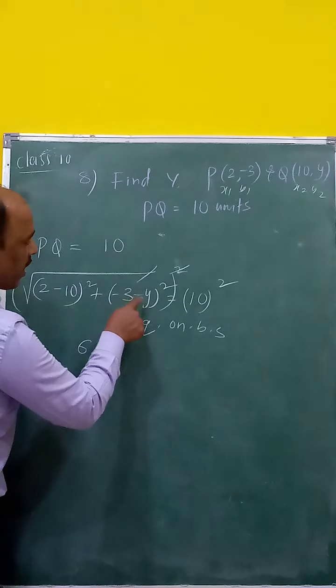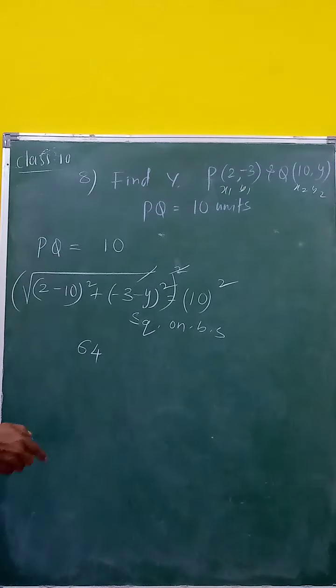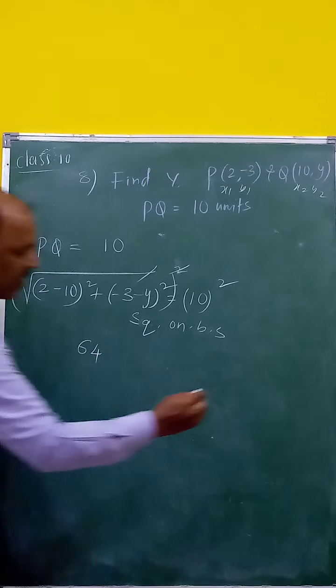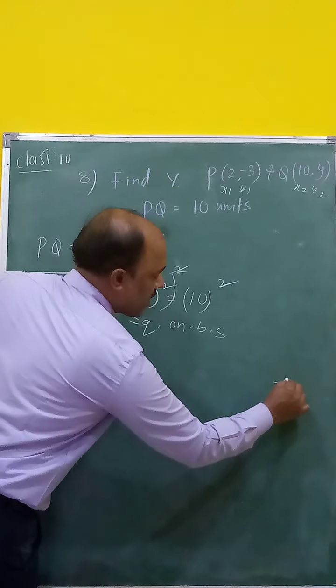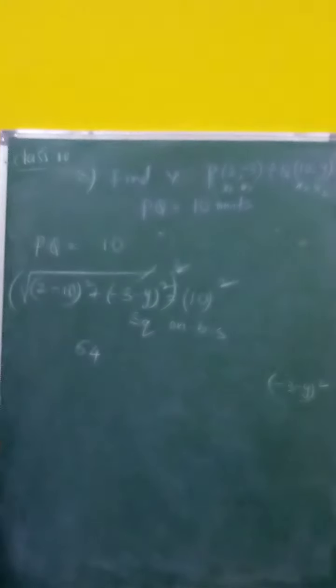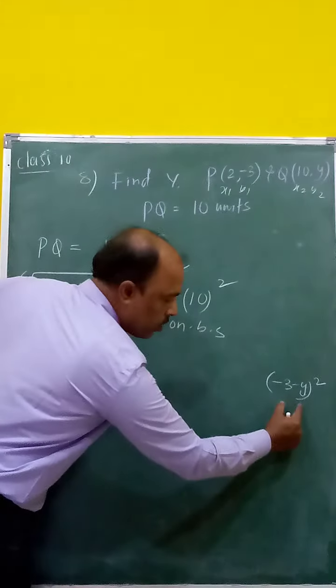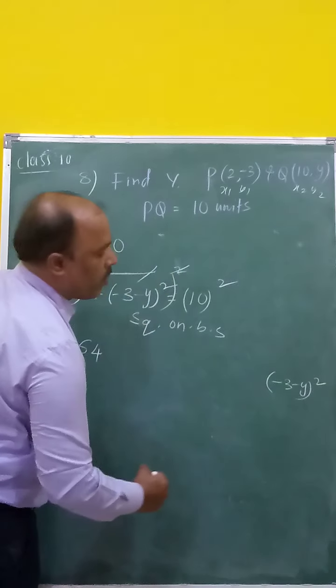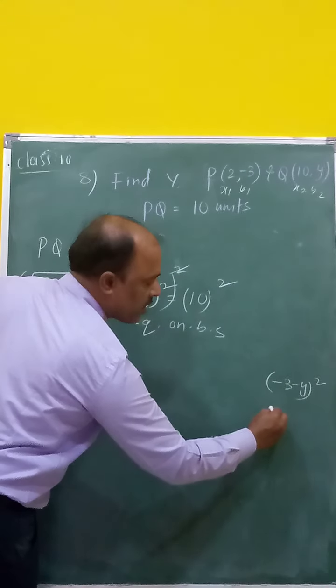Here, minus 3 minus y whole square. How to write it like a plus b? I'll explain here. This is in the given form. Now convert it into a plus b whole square form. How to convert? Take minus common.